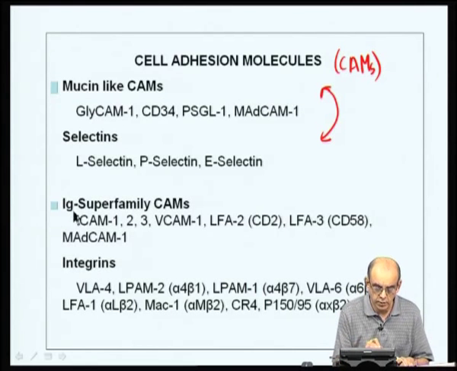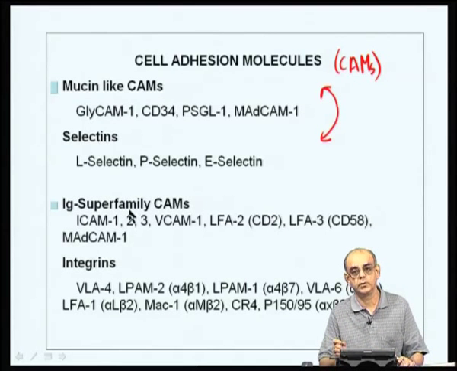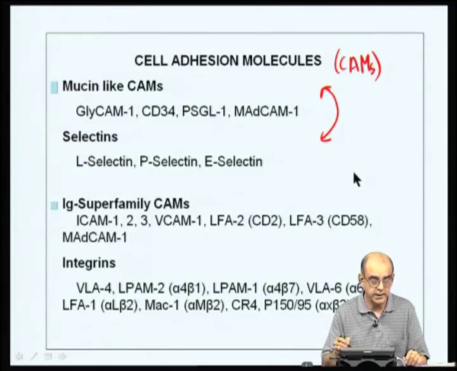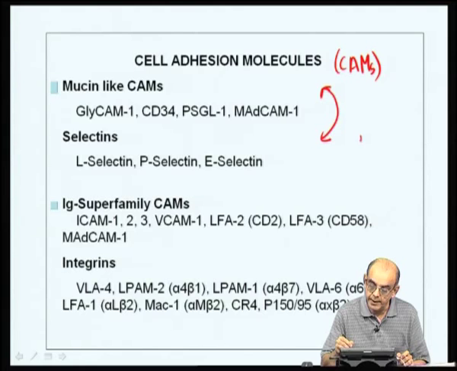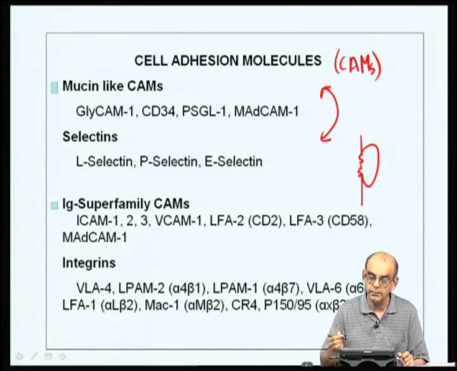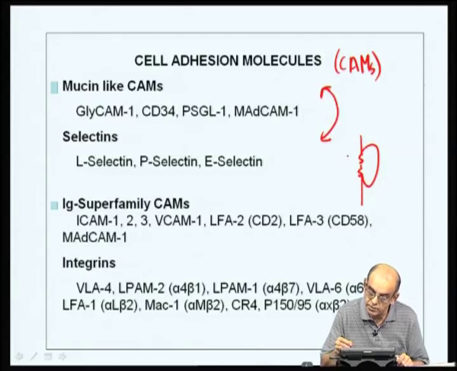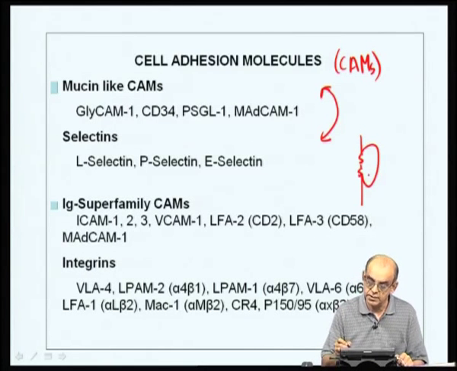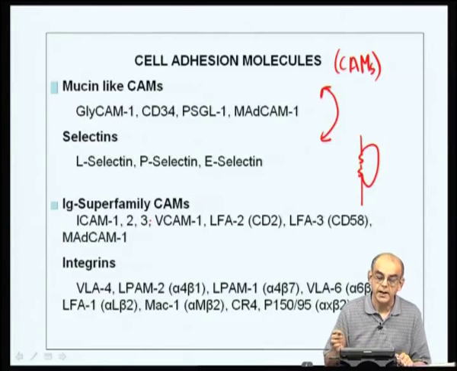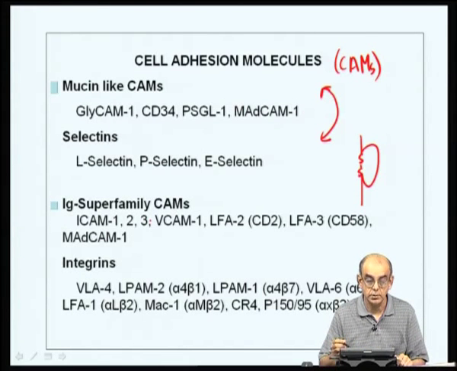They are called the immunoglobulin superfamily of cell adhesion molecules because they basically express the immunoglobulin domains, and you will come to learn about this later on when you look at the structure of immunoglobulin molecules. So, they have this domain which is linked by disulfide bridges. So, these molecules are called the immunoglobulin domain containing superfamily of molecules.